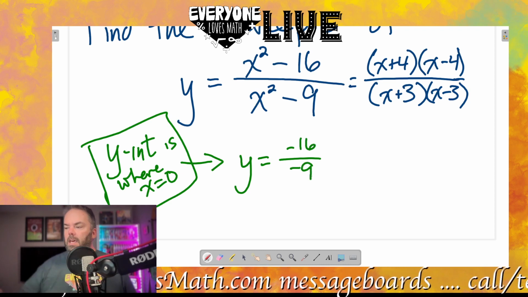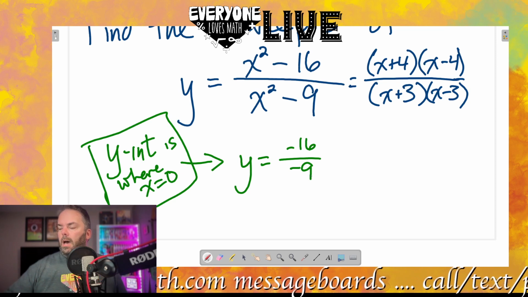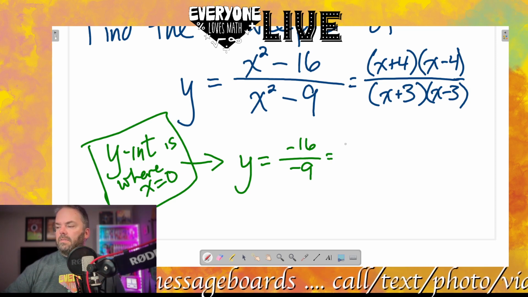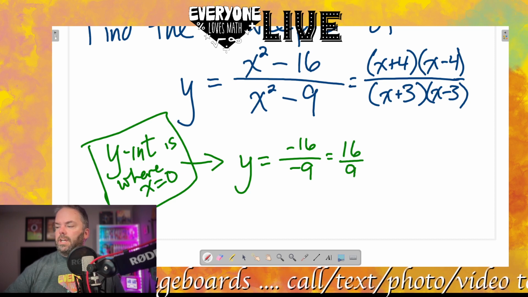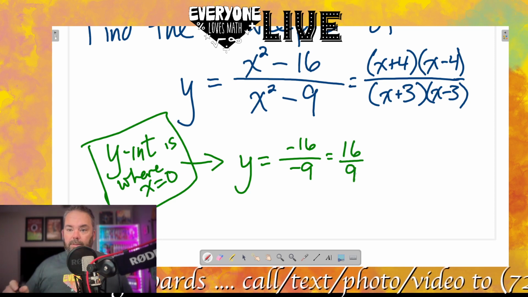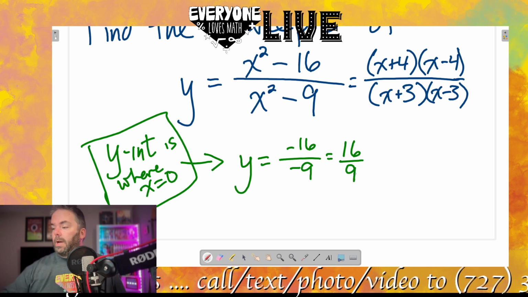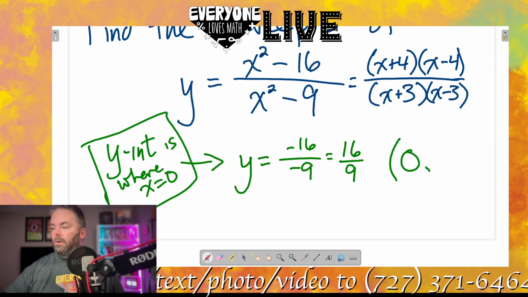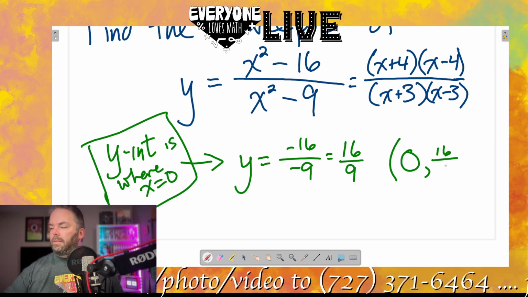If I put 0 in for x, 16 and 9 don't have any common factors, but negative over negative is positive. So the answer here, we could say y would be 16 ninths. Or another way to write this is we would say the y-intercept is where x equals 0 and y is 16 ninths.